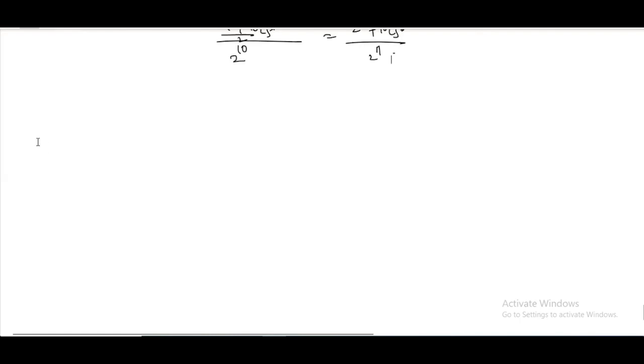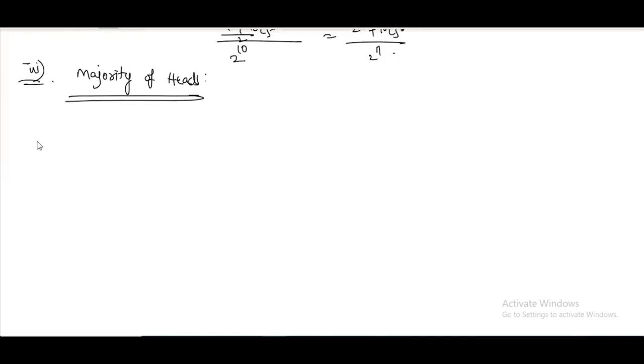So what is the next question? Majority of heads. It is also very similar to the previous question. Majority of heads means more heads should be there. So the probability of getting the majority of heads: how can we take heads? 10 out of 10 heads, 9 out of 10, 8 out of 10, 7 out of 10, 6 out of 10 heads. 5 we cannot take, because with 5 heads and 5 tails it will be equal.